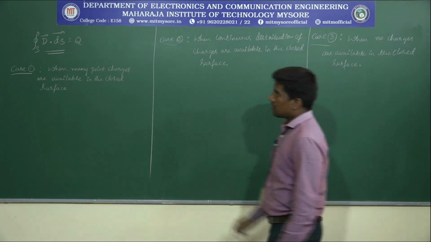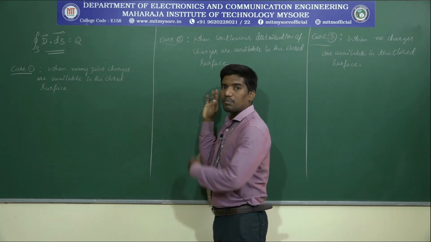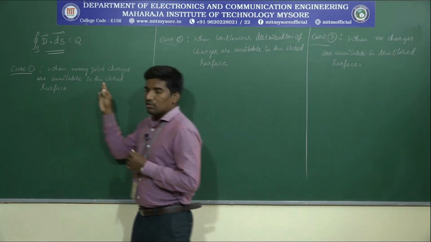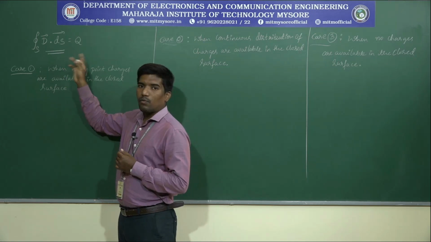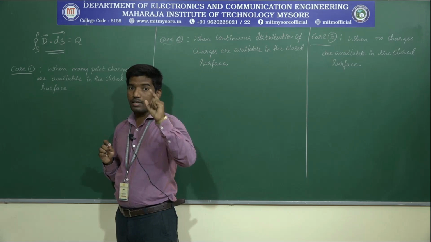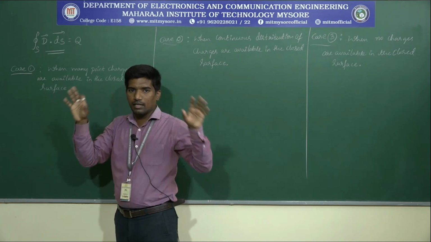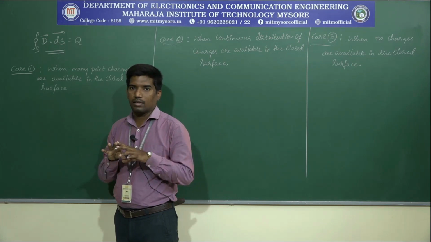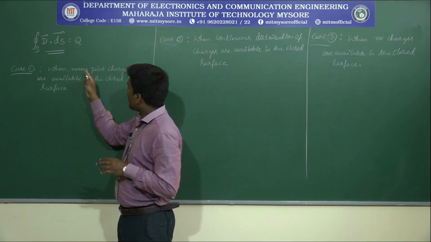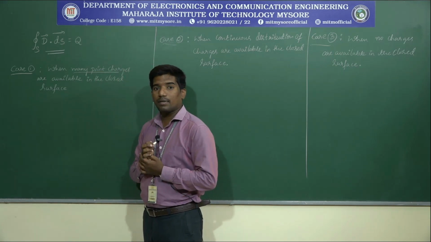We need to analyze this Gauss law for 3 different cases, 3 different special considerations. While deriving this Gauss law, geometrically we considered a single point charge q and took an arbitrary surface around it, right? So when many point charges are available within the closed surface, what will happen?